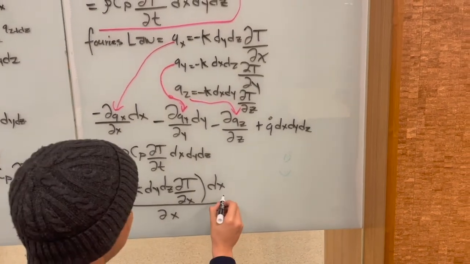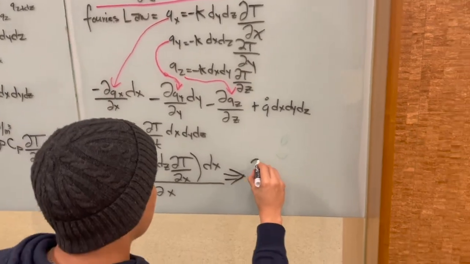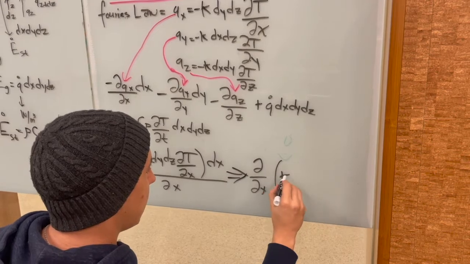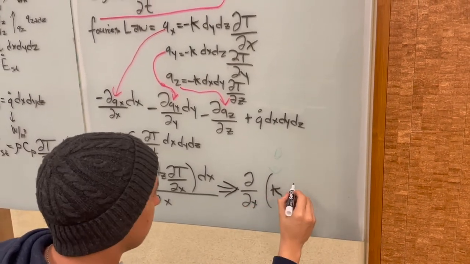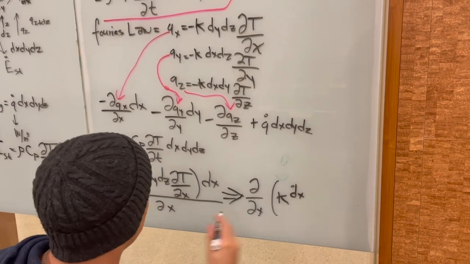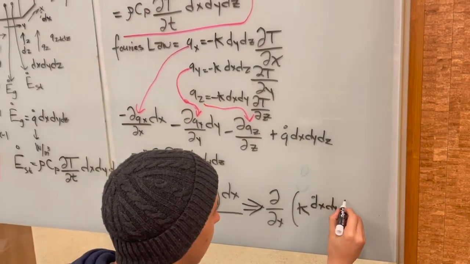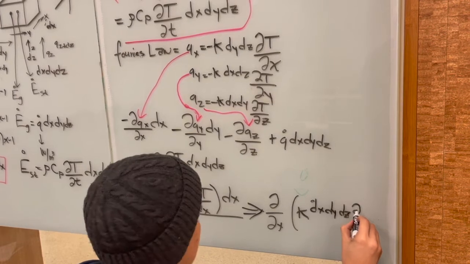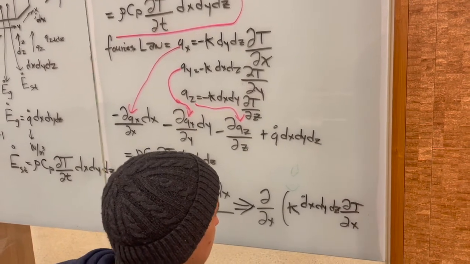So let me just say that this is the same thing as del x going to be k times, let's just do dx. I'm going to rearrange these terms, but the dx is right there. dx, dy, dz, and then we're going to have del T, del x.